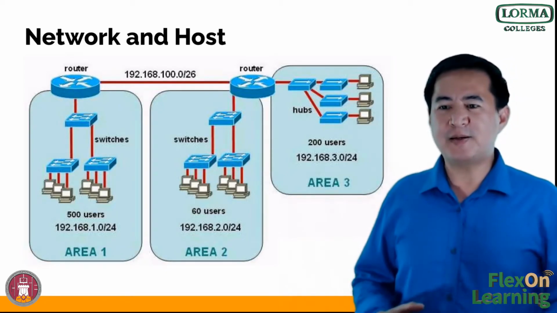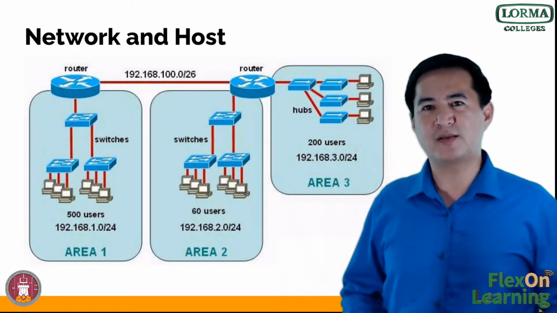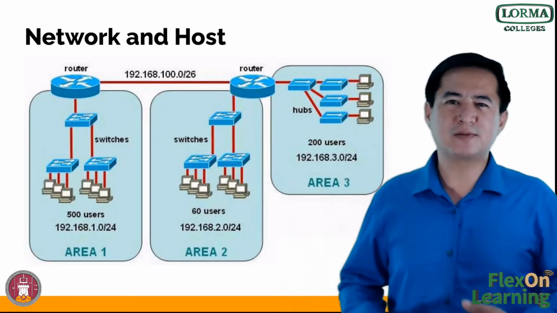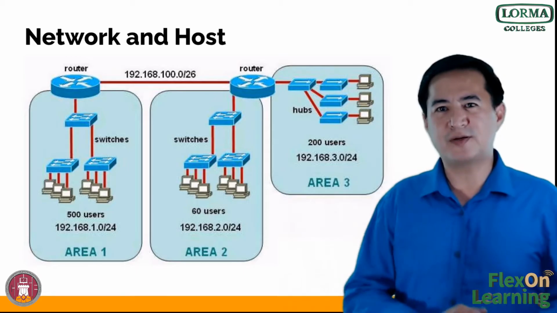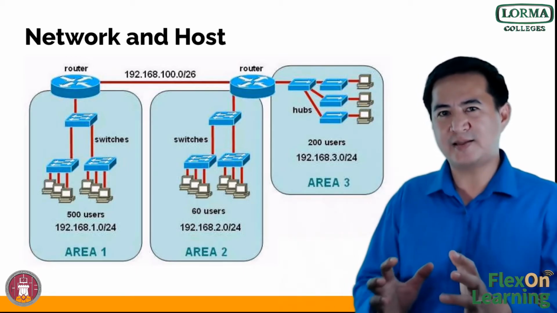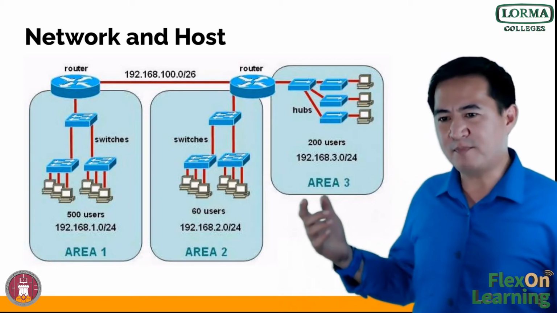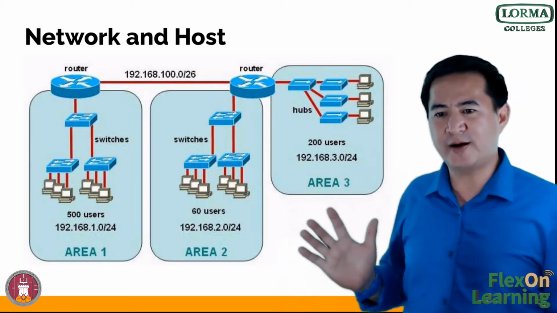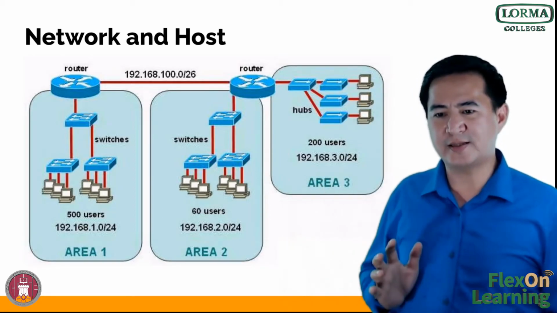A network is typically divided into smaller networks, which we call a sub-network. And even if the computers and devices are interconnected with each other, it is sometimes more practical to divide them into several domains and assign them separate network IDs. So in this example, the entire network is divided into 3 areas. We have area 1, area 2, and area 3.